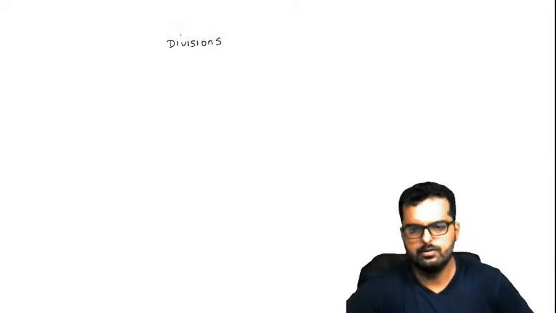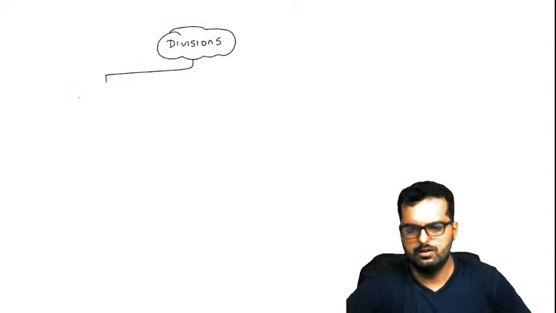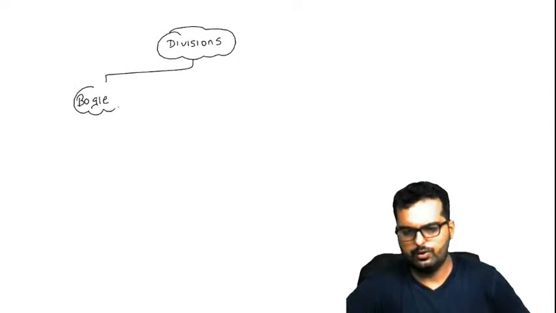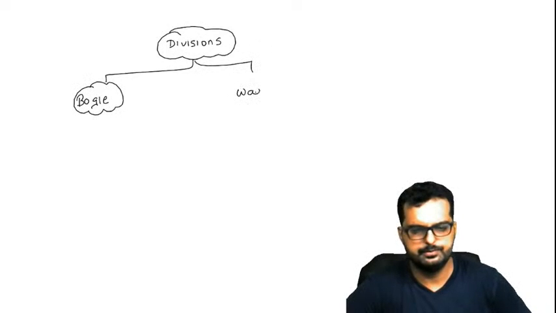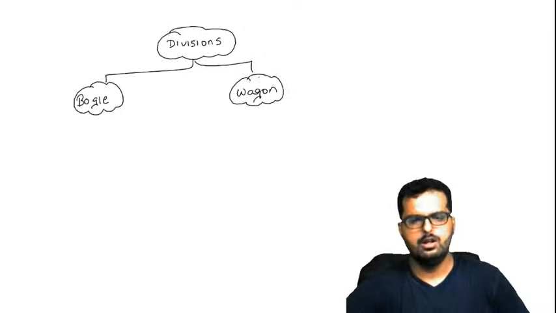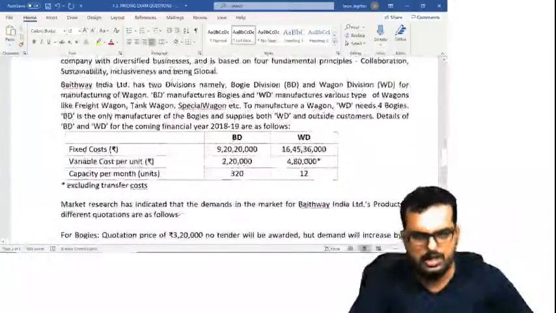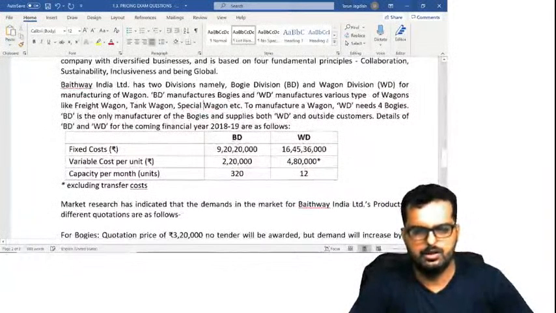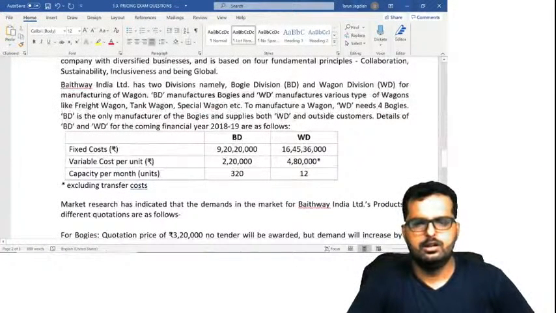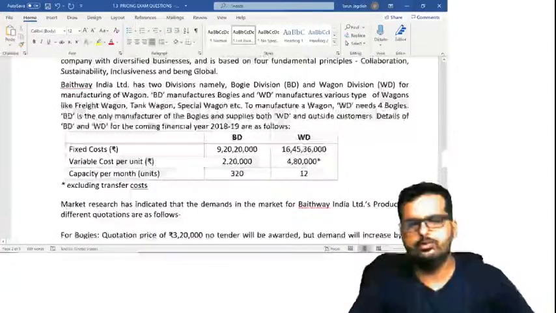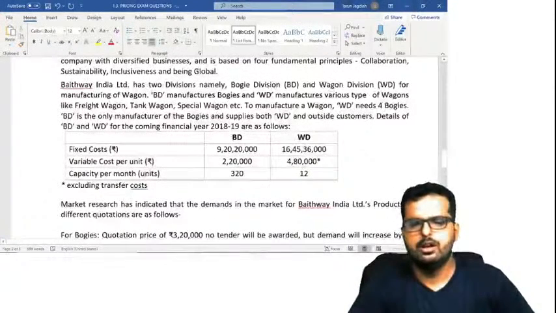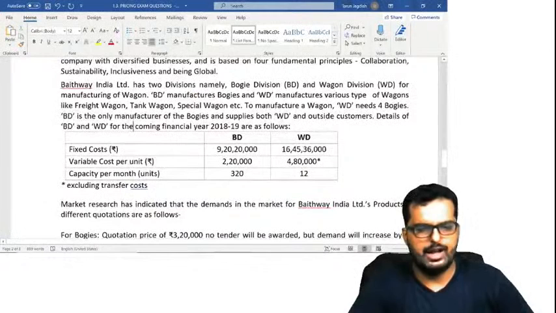Okay, so we are having two types of divisions over here. The first one is called bogie division, and the second one is called wagon division. Now if you come down further, they say the WD needs 4 bogies, and to manufacture a wagon, WD needs 4 bogies.